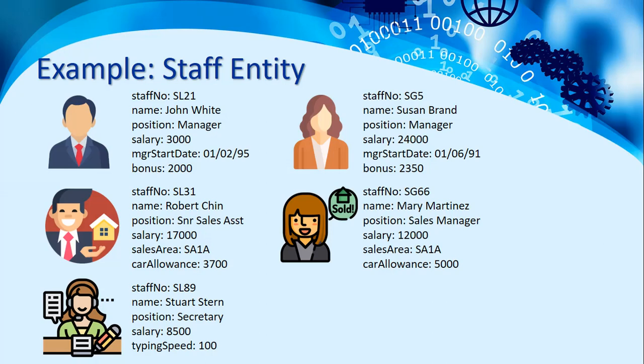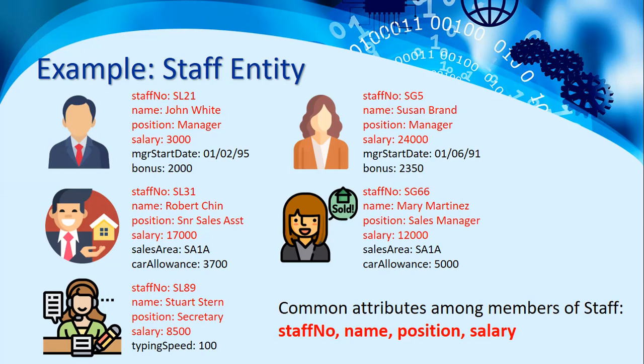What are these attributes that all members of staff have? We have the staff number, the name, the position, and salary. These attributes are present in all members of staff.